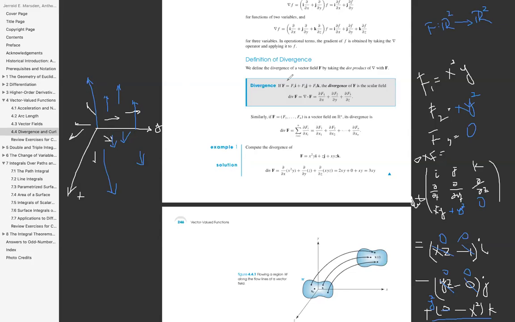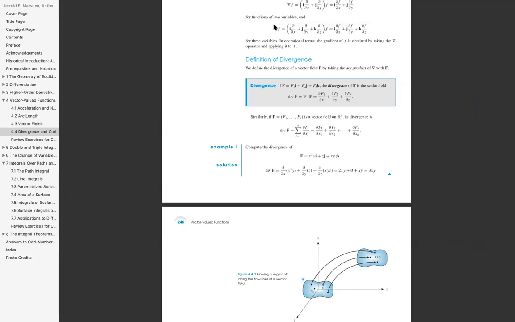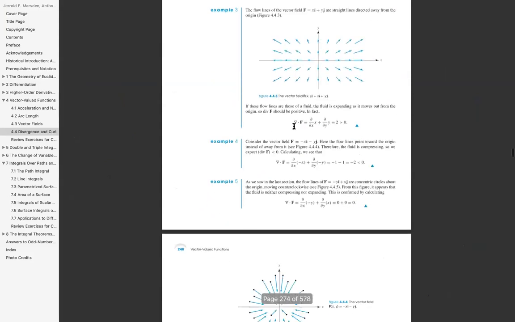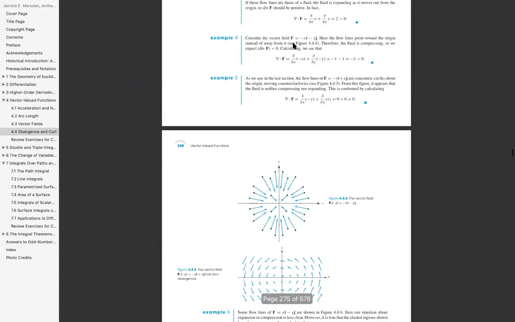So what does the curl actually measure? In a physics context, the curl measures the torque of the rotation. This book doesn't have a good representation, so let's use Susan's book.